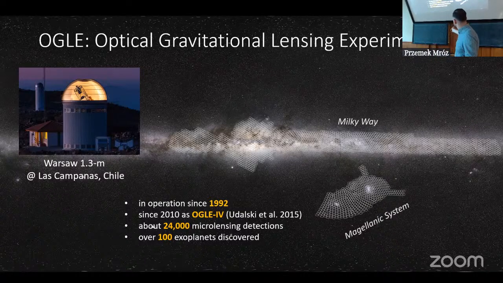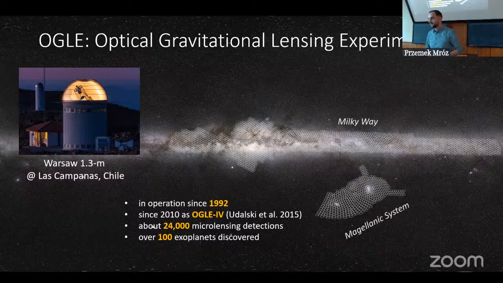And we are also observing the small and the large Magellanic Clouds. These are two nearby galaxies. Over the past decades, we detected more than 24,000 microlensing events.